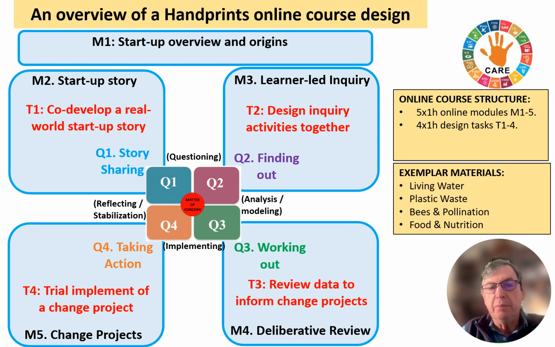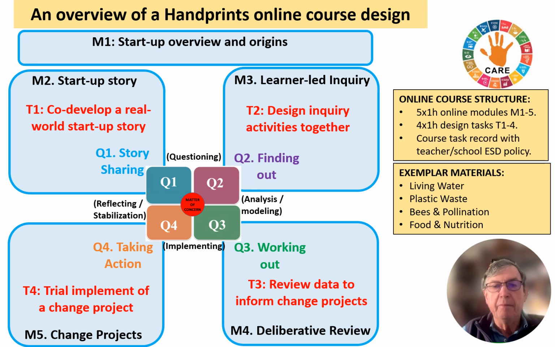The exemplar materials are already in the book, and we could use the living waters, plastic or bee, and food, and the participants could choose the one that they wanted to work on, or a combination of these.